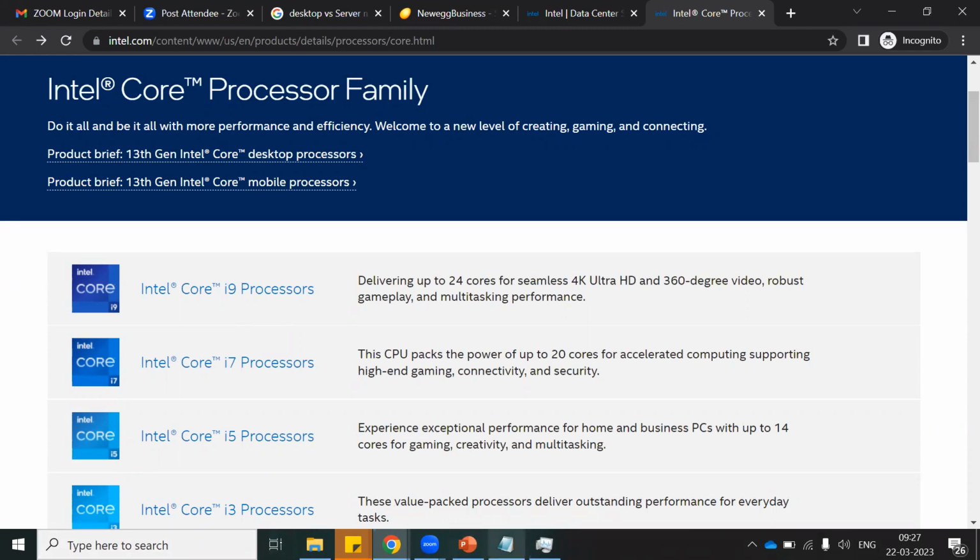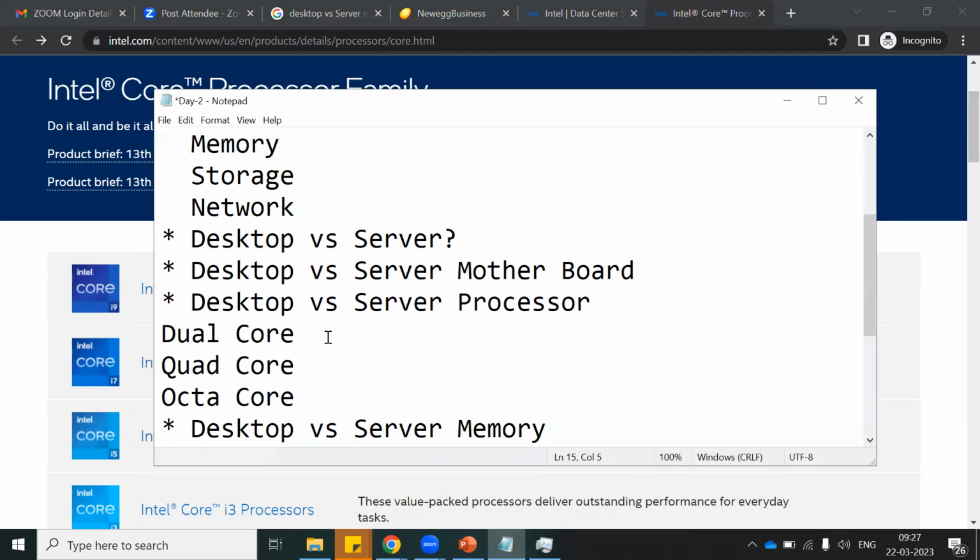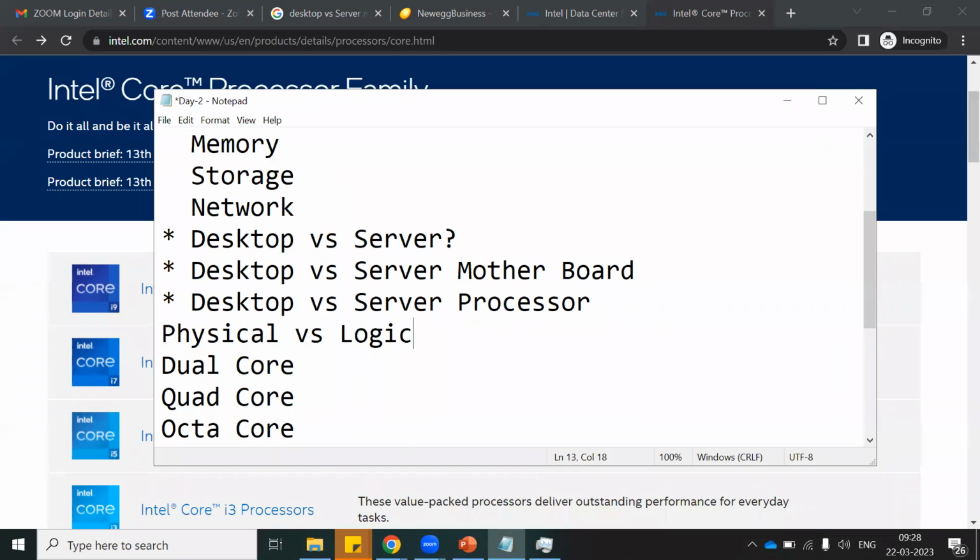So in this concept, we need to understand what a physical processor is and what a logical core is: CPU, physical versus logical. How does the logical come into the picture? Dual core, quad core. Dual core means 2, then 4, then 8.